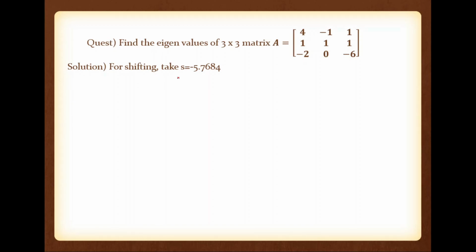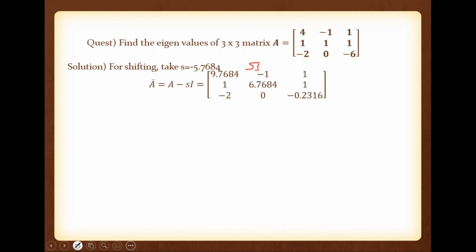So take S equal to the largest value, minus 5.7684. Then find SI, where I is the 3 by 3 identity matrix. Then subtract SI from this A. So that is A bar. A bar is equal to A minus SI.